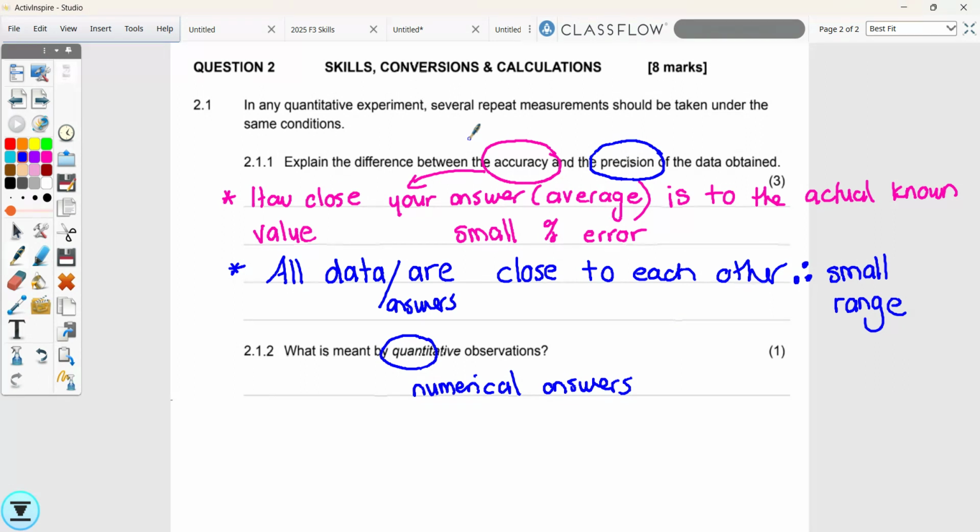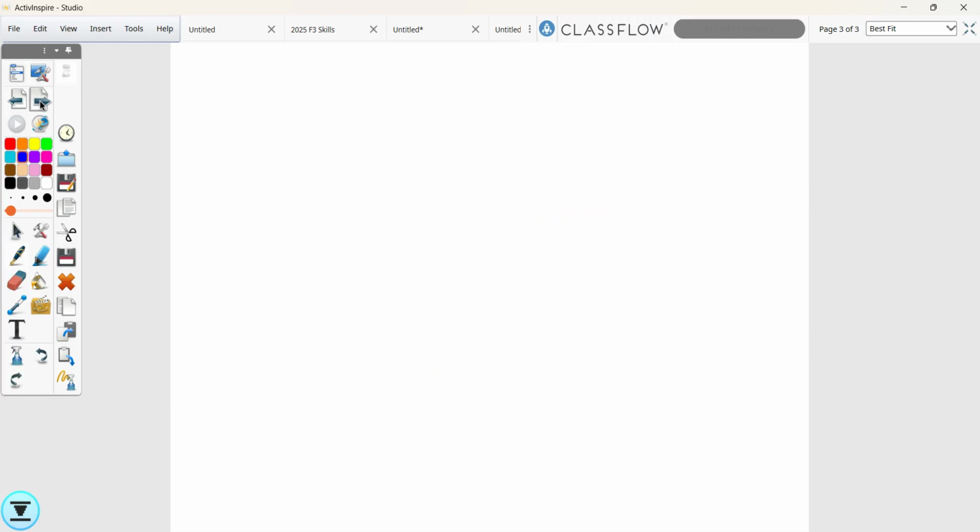An example would be if you're doing a chemistry experiment, if you start with 50 grams of something and you want to know how much it produces, you need to measure the mass accurately. But if you just want to see, is the mass increasing or decreasing, do you care about what the change in the mass is? No, you just want to say it's increasing. That would be qualitative. Okay, do you understand the difference between the two? But it's not so important for tomorrow's test.